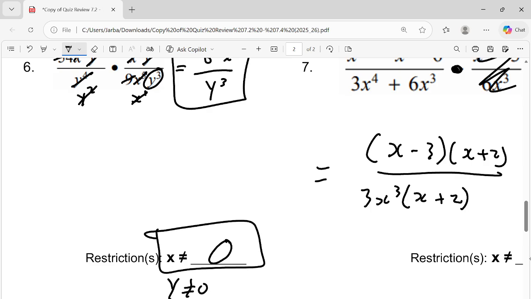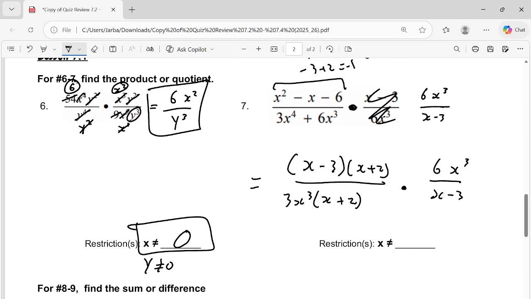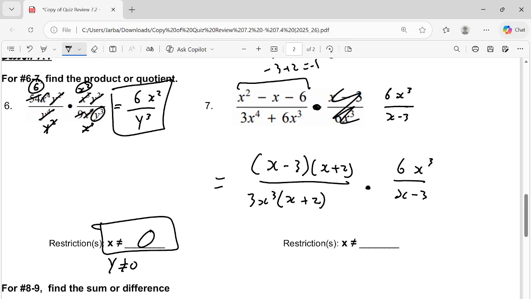But this is the most important one to say, because I forgot it, right? It's best to do your restrictions first before you cross anything off, because we cancel these things out, but that only can cancel if x is not 0. So because we had the x in the bottom at the start, we need to keep in mind that we're going to have a restriction that x can't be 0. So don't make that mistake like I did.